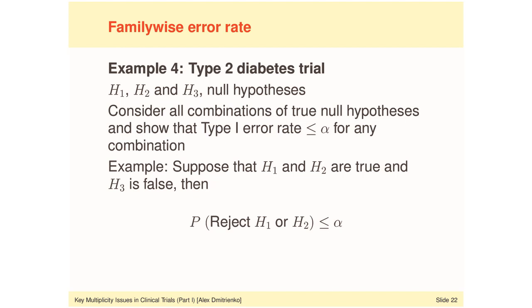For example, as you see here on the slide, suppose that the null hypotheses H1 and H2 are true and H3 is false, which means that the treatment effect is only present at the low dose, or dose 3. Then our definition of the error rate guarantees that the probability of rejecting, obviously incorrectly rejecting, those true null hypotheses cannot exceed alpha.